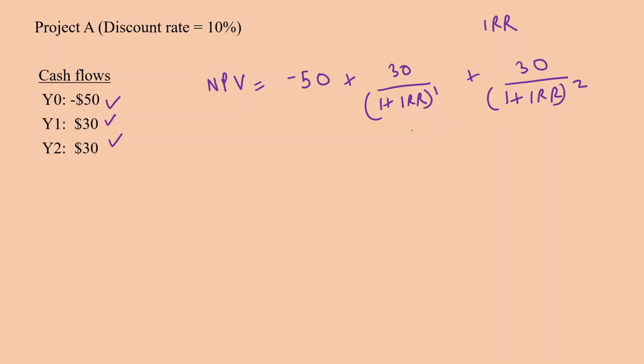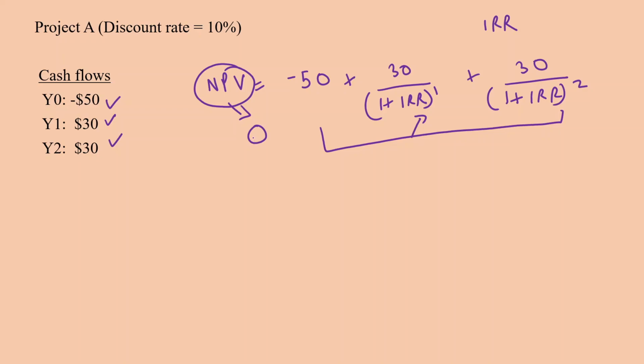Now we need to find this discount rate, which we are calling the IRR, or the internal rate of return, such that the net present value of this project is equal to zero. So this whole equation should turn out to be equal to zero. Now this is a complex thing to figure out by hand, and I usually use Excel to calculate it.